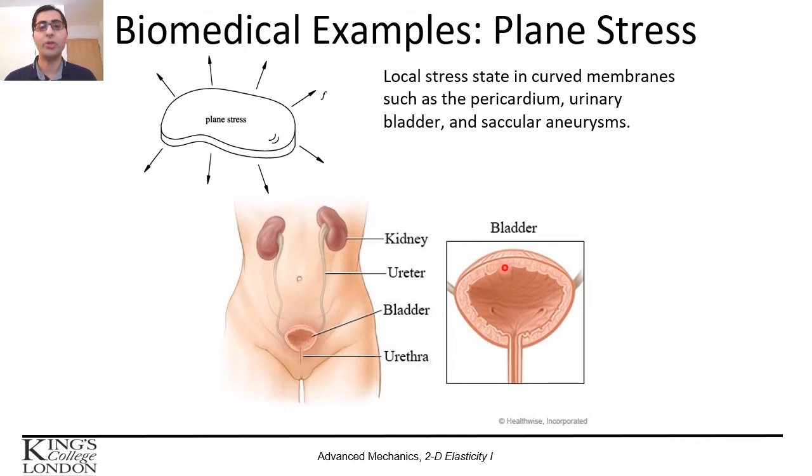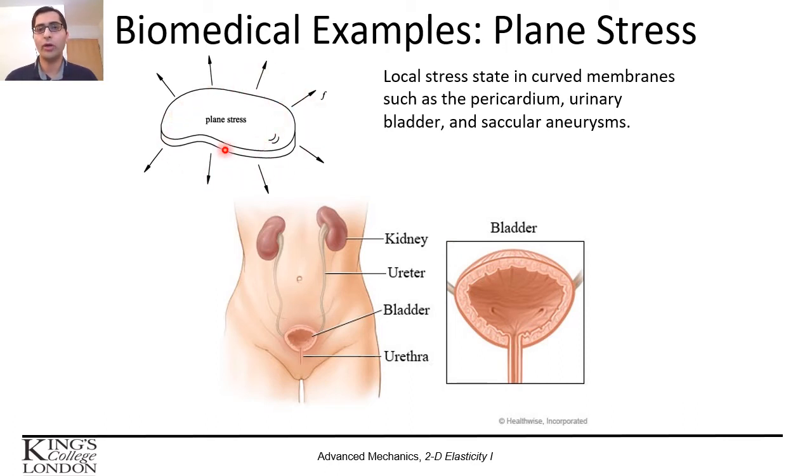When urine builds up inside the bladder, to calculate the stress and strain in the bladder tissue wall, we can cut a thin slice of the geometry and assume that the body forces due to gravity, due to the weight of the urine and tissue muscles and tissue itself, and also boundary forces, again due to the pressure of urine gathered inside the bladder, are all acting in the plane of that cut thin plate element.